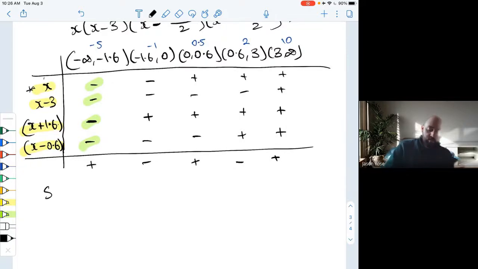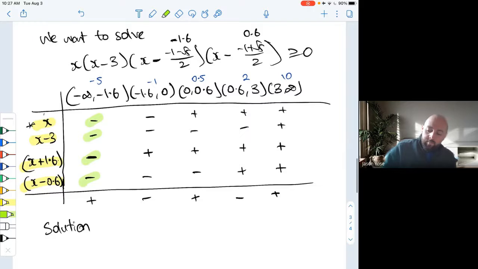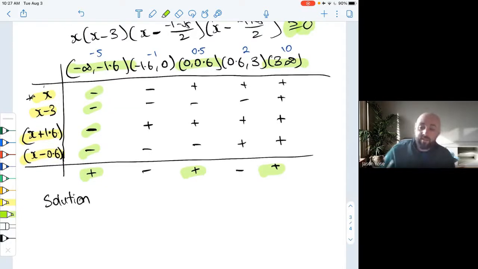And the solution, we're going to give in interval form again. What we want is the greater than 0. So we're looking for that, and that, which means we're looking for this interval, and this interval here. And since it's greater than or equal to 0, we're going to use hard brackets wherever the thing equals 0.